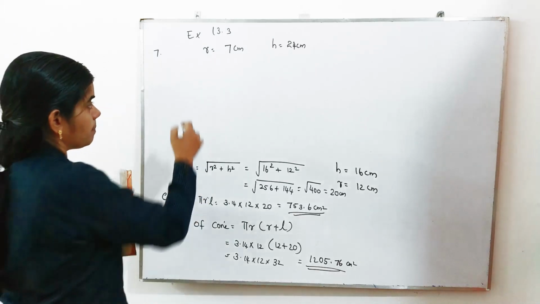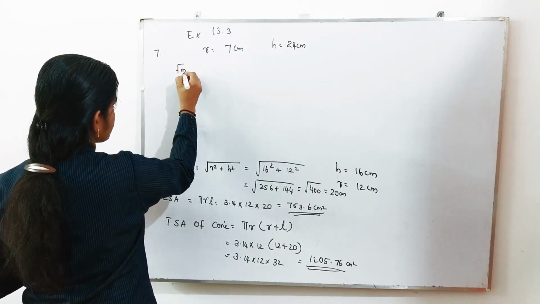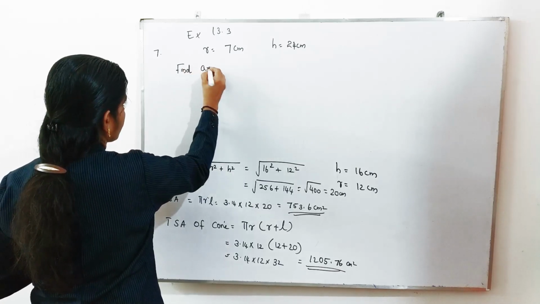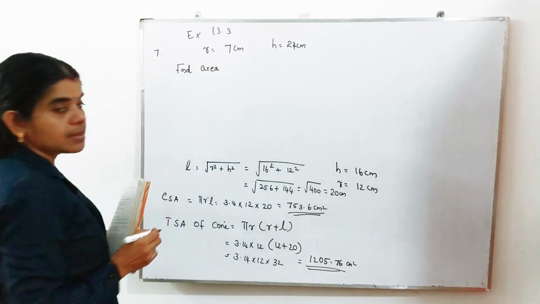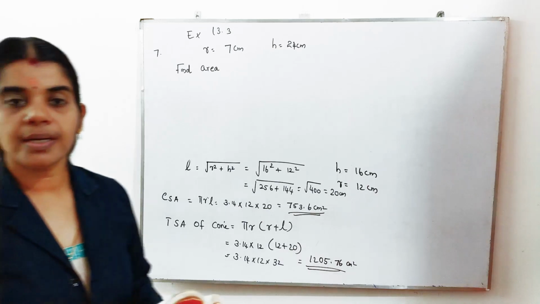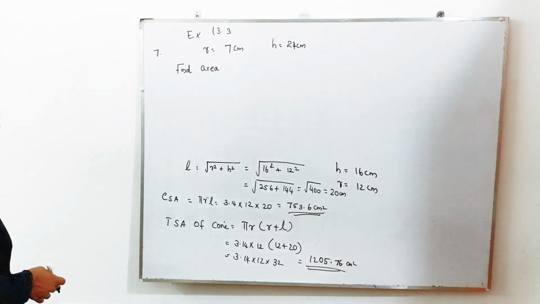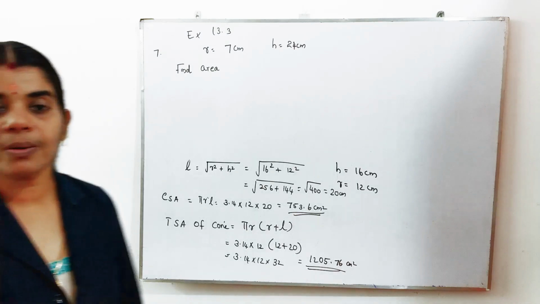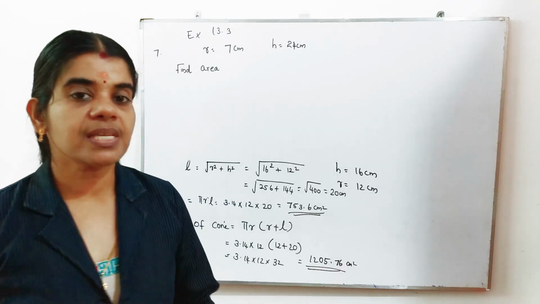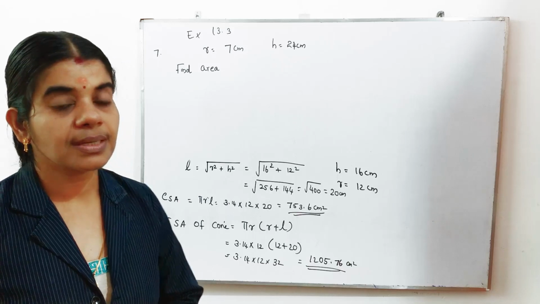Then which area do you want to find out? Here they told area only. Do we want to find the total surface area or the curved surface area?